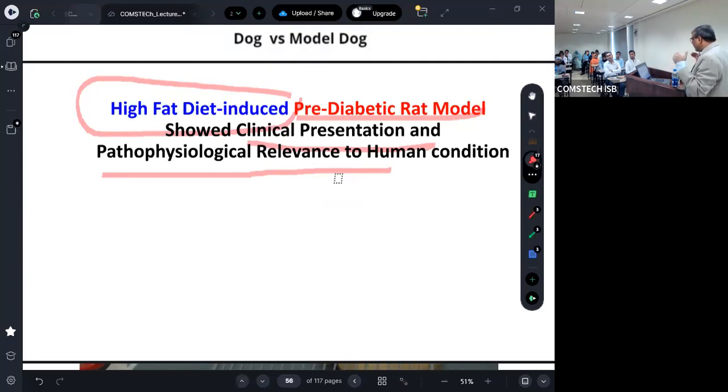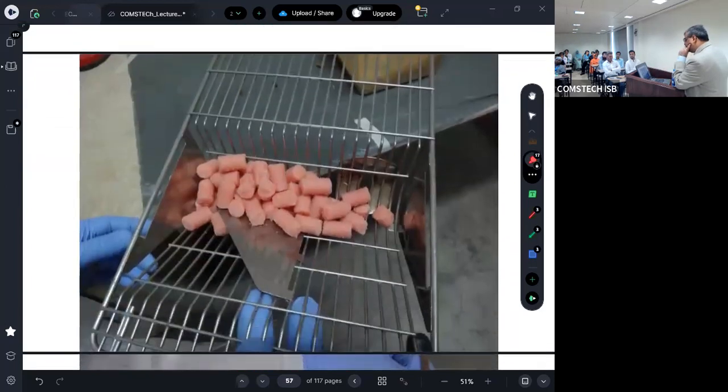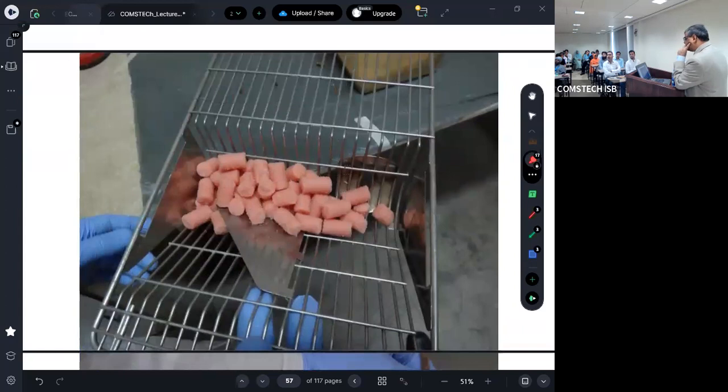And for IGT, we give a high-fat diet. Let's see what happens. In our animal house, it's a lot of story. We made the high-fat diet by ourselves, many kinds, and we faced some problems.